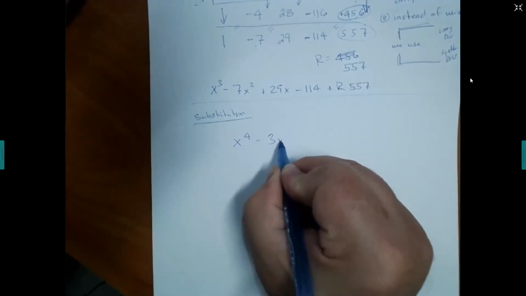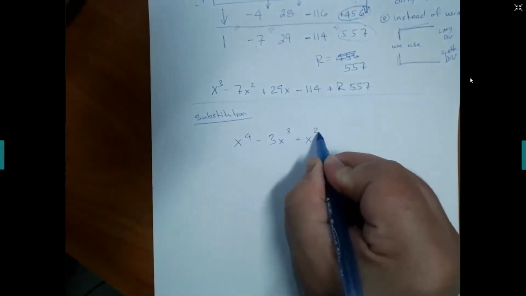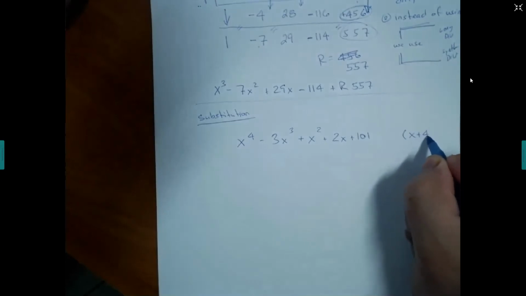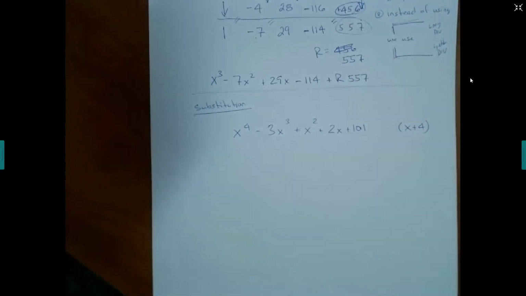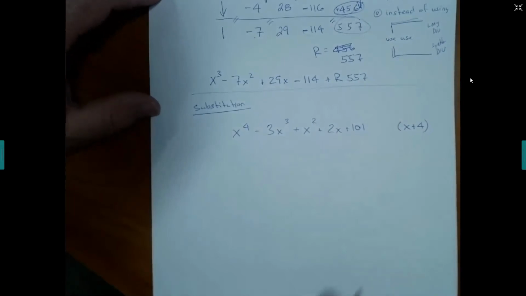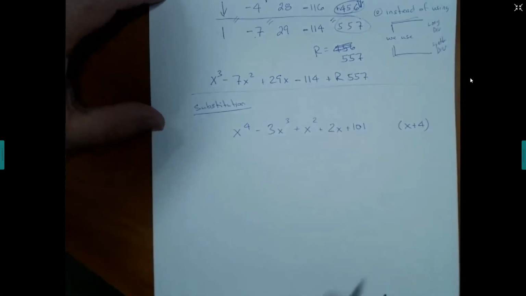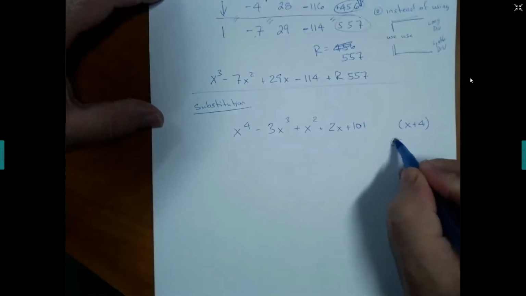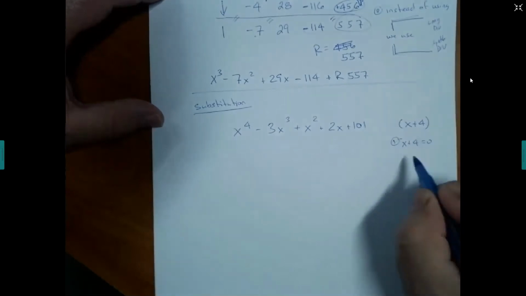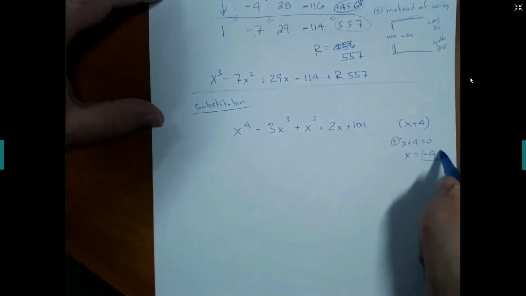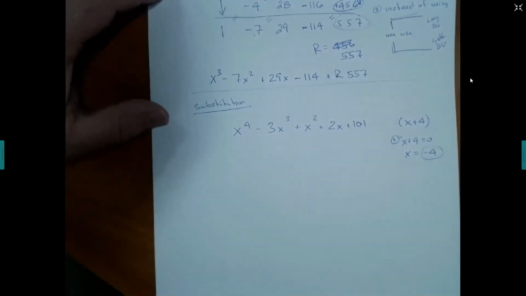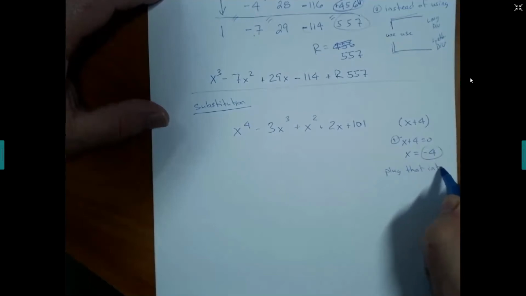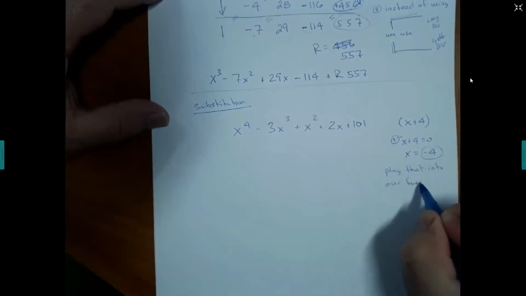Now, last one is substitution. So remember, in this one, the first step, take our equation, set it equal to 0. We get -4. Plug that into our function.